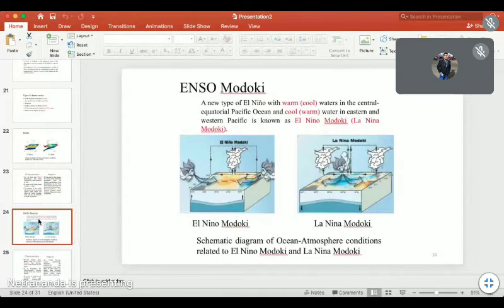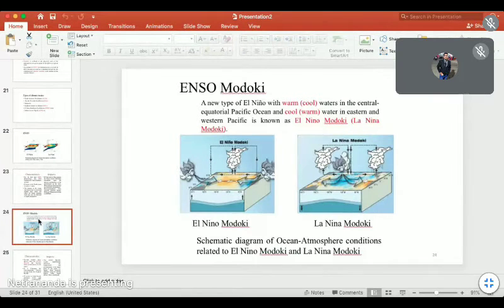And this, ENSO Modoki, after ENSO and El Nino, is a new type of El Nino with warm and cool waters in the central equatorial Pacific Ocean. See what is happening. What is ENSO Modoki? Again, it also starts from ocean warming, variations in the ocean warming.